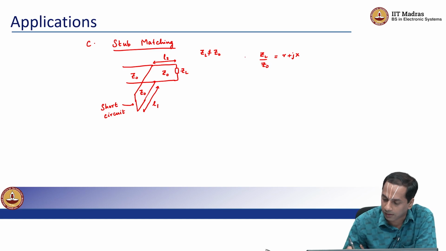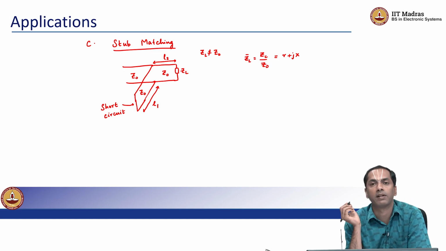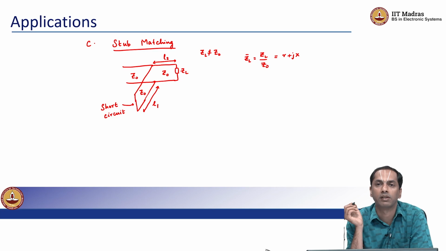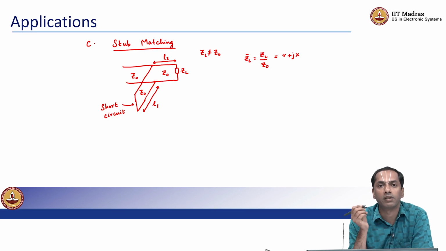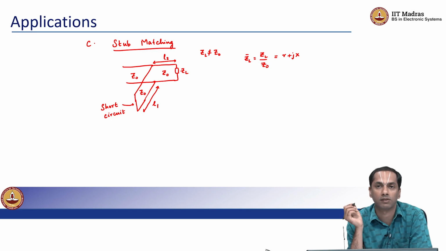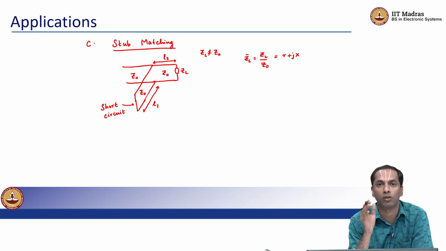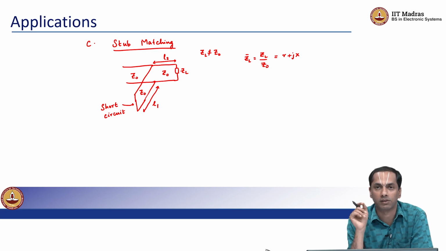So this is essentially ZL prime. If I have some R plus jX, I can transform that to any other complex impedance, not any complex impedance, but some relation dictated by the impedance transformation equation. Remember that transformation is all I can do.